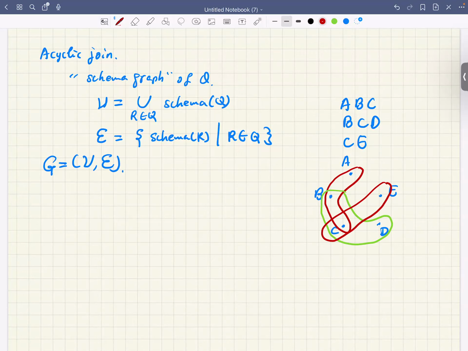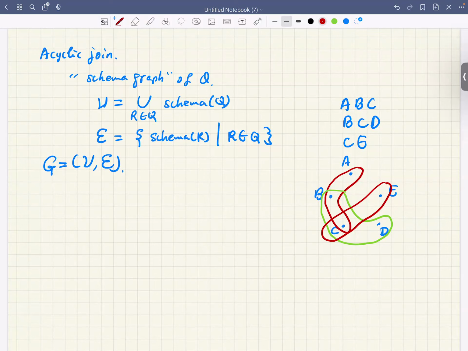Good. Now, I'm going to define what it means by an acyclic hypergraph. For example, is this hypergraph acyclic? Well, it's not so easy to see whether this is acyclic or not.